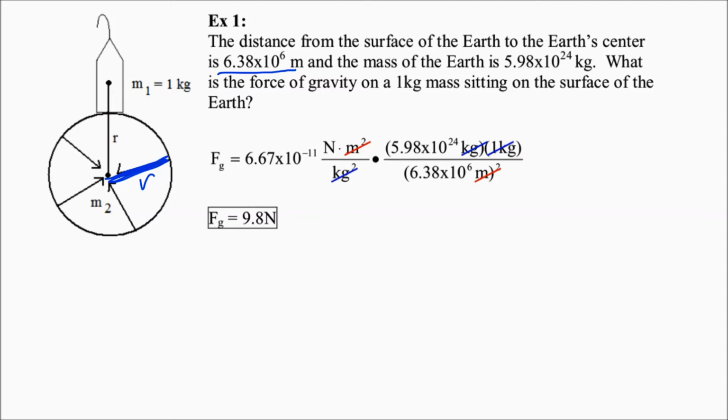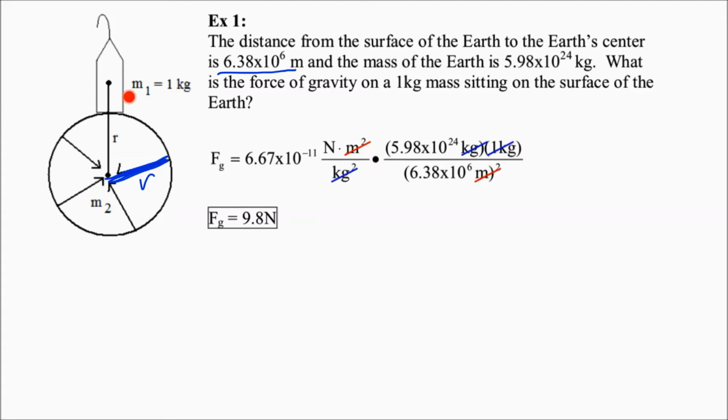But let me draw your attention to something. The extra distance that we would add for the radius, or half the distance of this 1 kilogram hanging mass, versus the distance between the surface of the Earth to the center of the Earth is negligible.